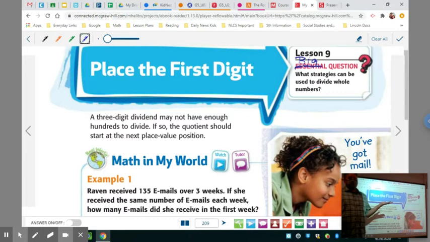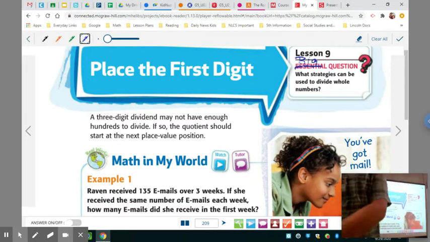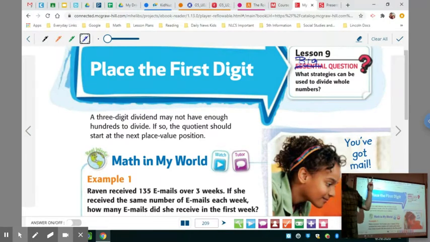Again, you've got to use the strategy that works best for you. The main goal, the end result we want as teachers, and you as a student, is that you do it with a standard algorithm, which means the old-fashioned way, as I say it.